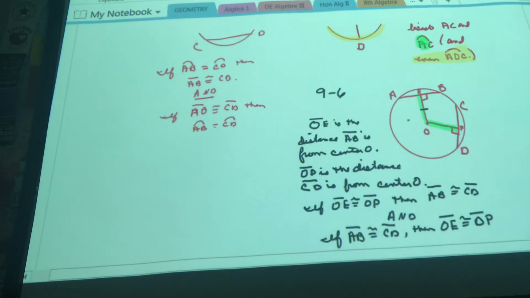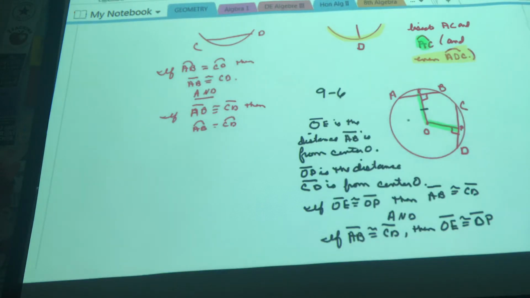Likewise, the distance from O to P is the distance that chord CD is from the center O. According to Theorem 9.6, in the same circle or congruent circles, chords equally distant from the centers are congruent, and congruent chords are equally distant from the center.